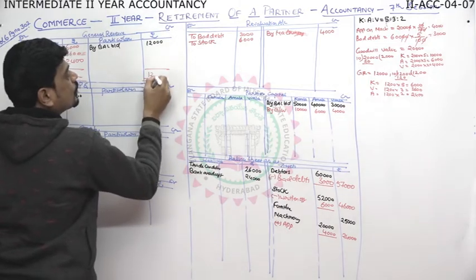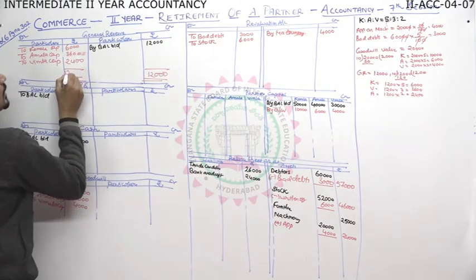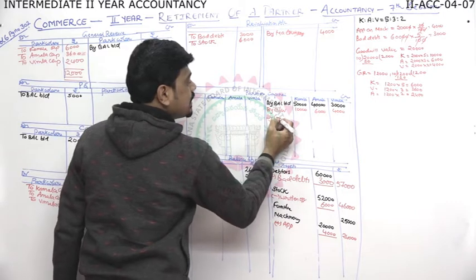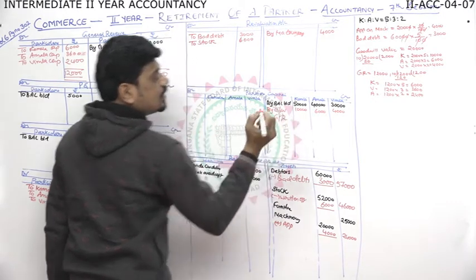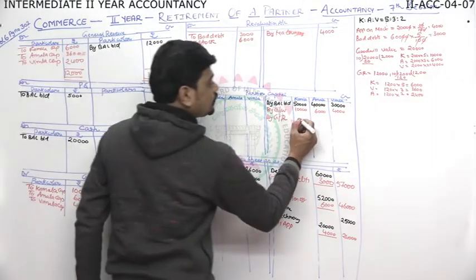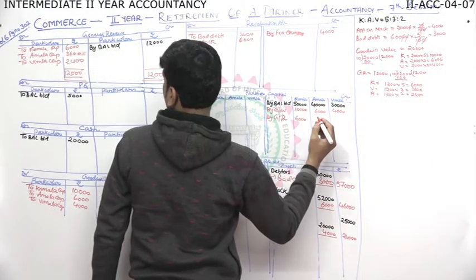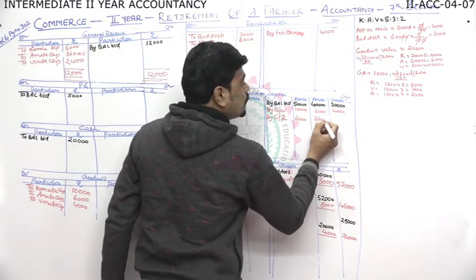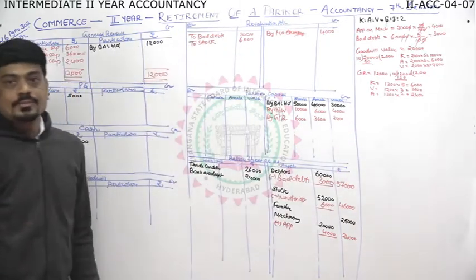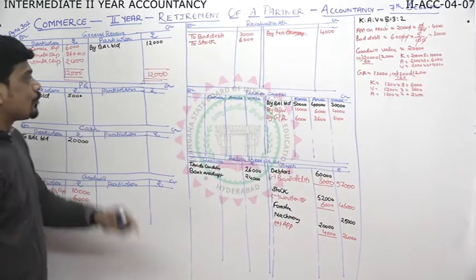Closed. 12,000. So again here by general reserve. GR I wrote, space is not there. 6,000, 3,600, 2,400. So general reserve.